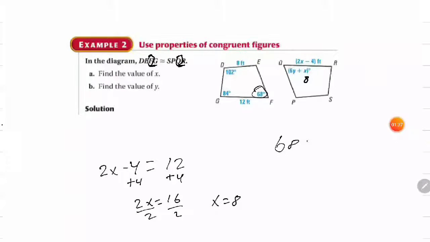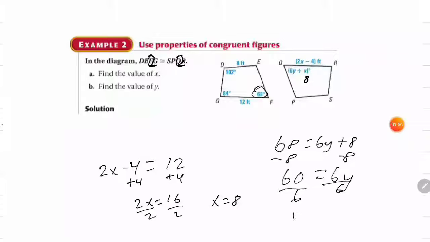So 68 equals 6y plus 8. Now we're going to subtract 8 from both sides and get 60 equals 6y. How many times does 6 go into 60? And that is 10. Alright, let's move on.